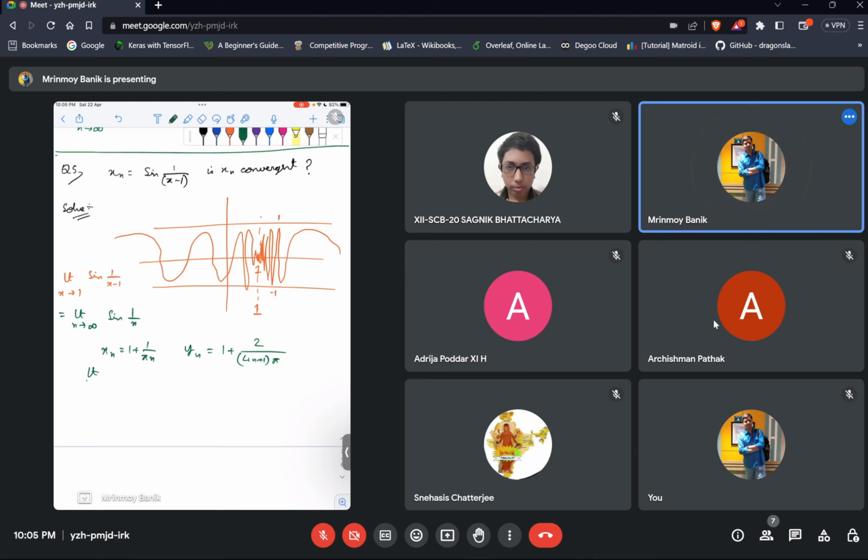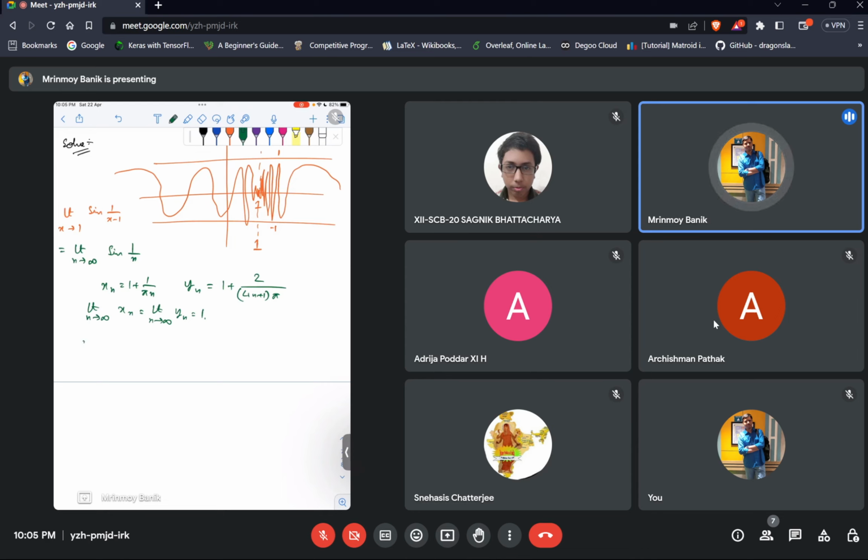So first observe that they all tend to 1. And then if you take sine over them, so sine of 1 by (xn minus 1), this is sine of 1 by (1 plus 1 by n pi minus 1), so it's n pi.